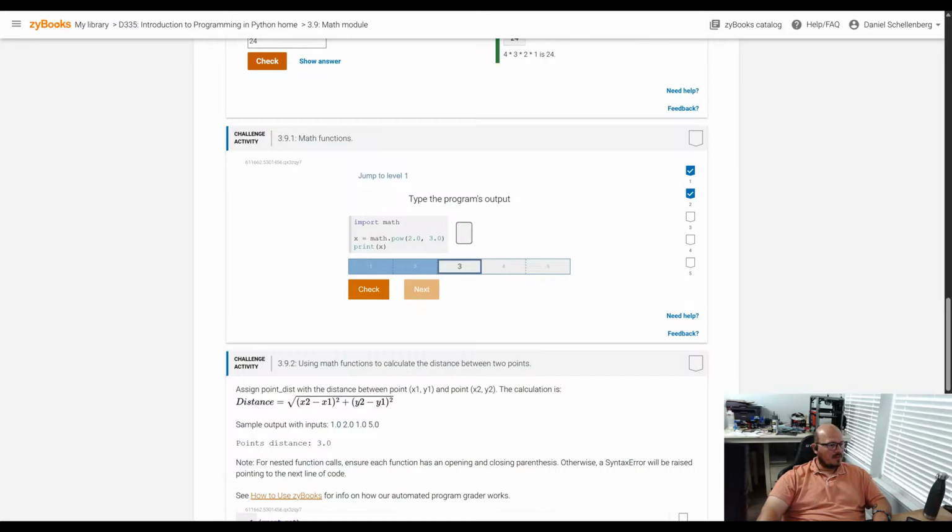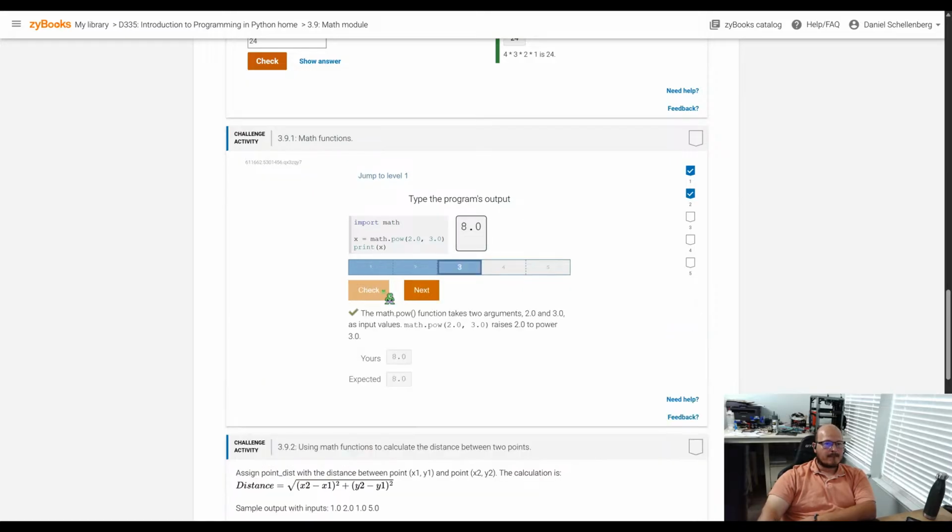So that means it's 2.0 times 2.0 times 2.0. So that will be 8.0. The function takes two arguments as input values, and raises 2.0 to the power of 3. So basically 2.0 times 2.0 times 2.0. That's what that means.